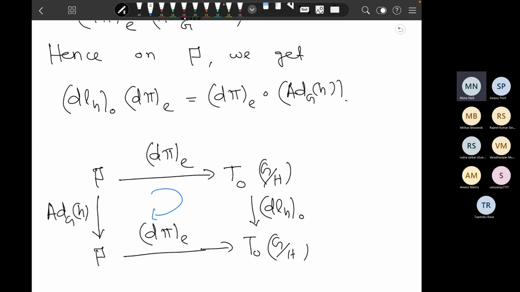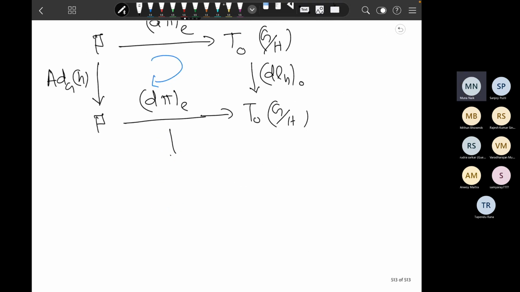Now the thing is d pi is an isomorphism. So in the language of representation theory, you can say that the isotropy representation is really equivalent to the Ad_h representation of H on p.